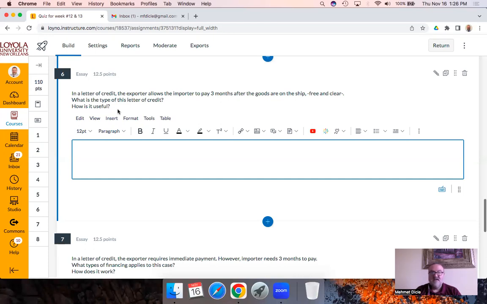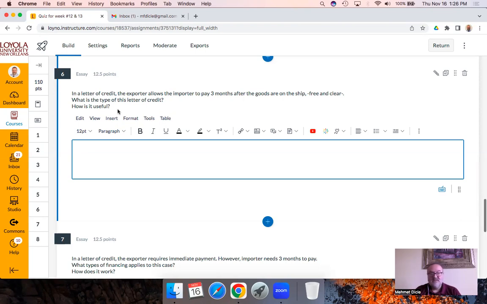So in this case, the exporter may allow X number of days, so in this example, 3 months, for the importer to pay. It is referred to as a deferred payment LC, and it is useful because it allows the importer to get the goods on consignment, not as a legal term, but with a time to pay.